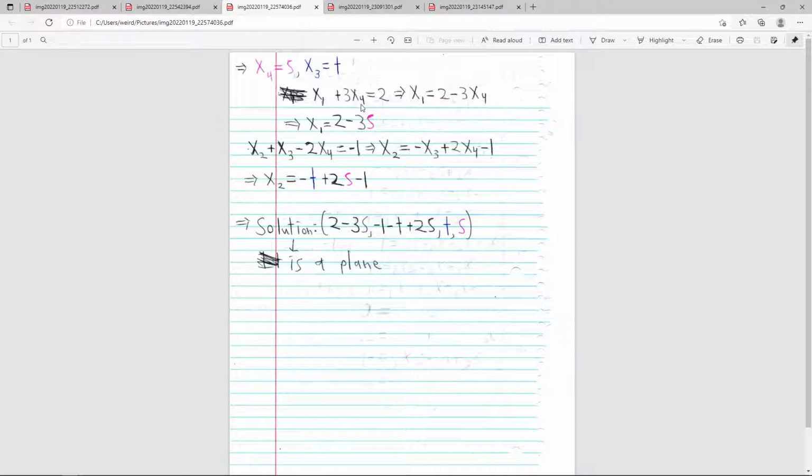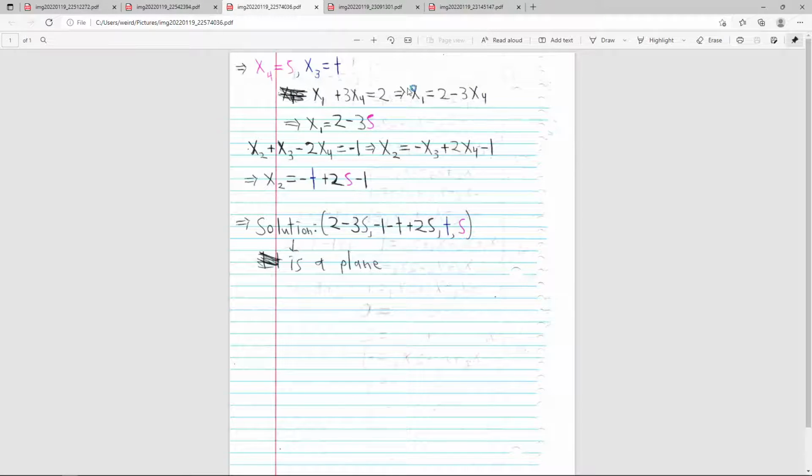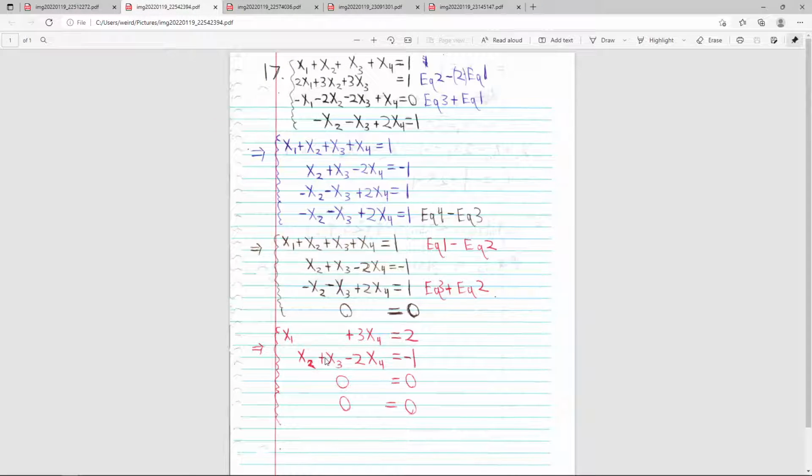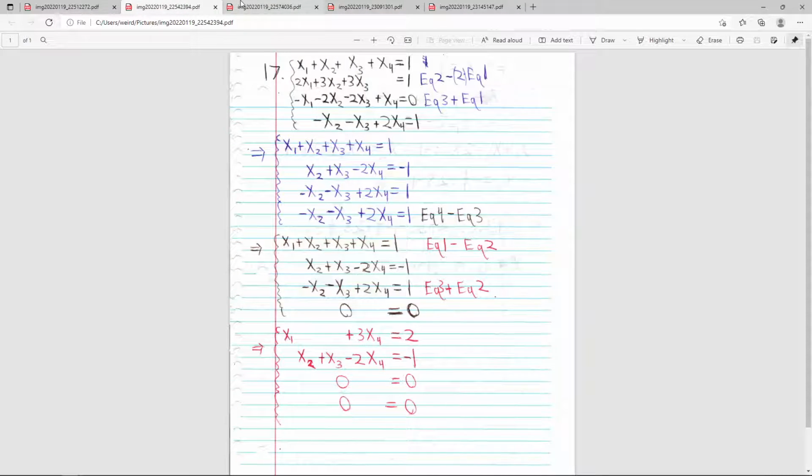So x1 plus 3x4 equals 2 is from here. So that means x1 equals 2 minus 3x4, and then we plug in s for x4, so x1 equals 2 minus 3s. And we have x2 plus x3 minus 2x4 equals negative 1.